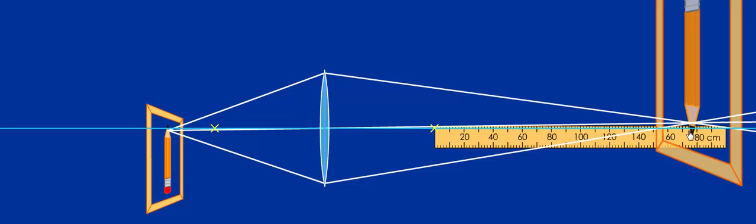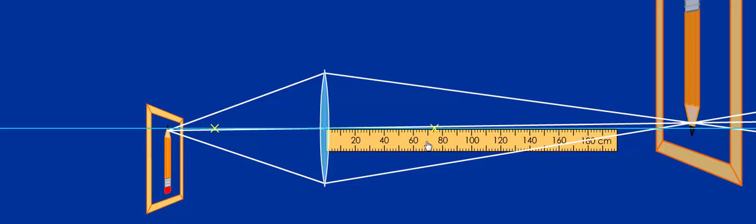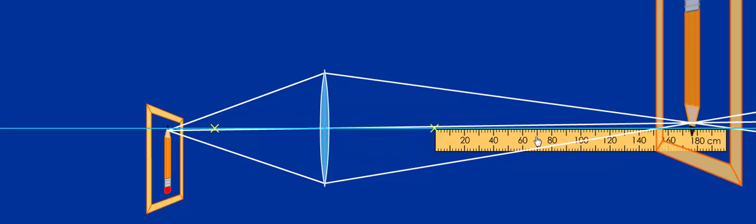So we are taking two measurements here; add them together to get your v value. The first measurement is the distance from the center of the lens to the cross, and then from the cross to the image. Then add those two distances together to get your v value.